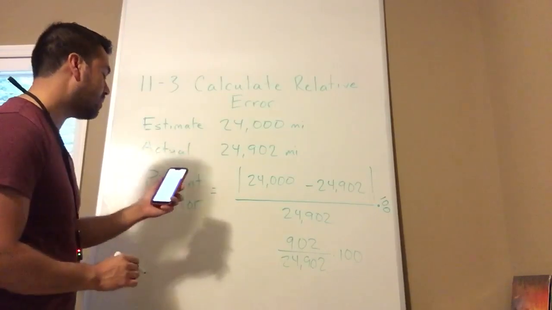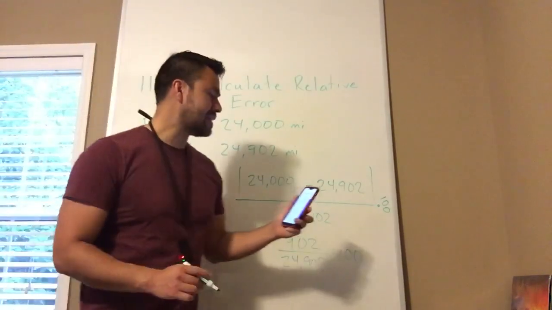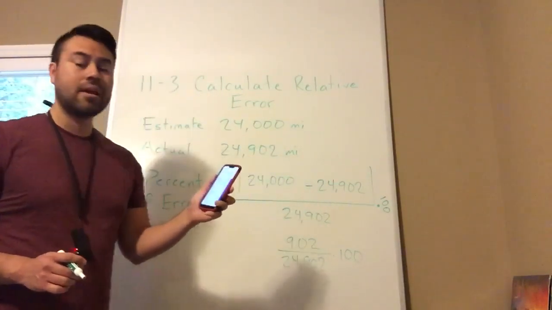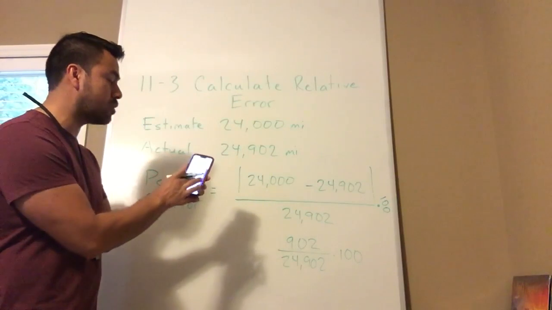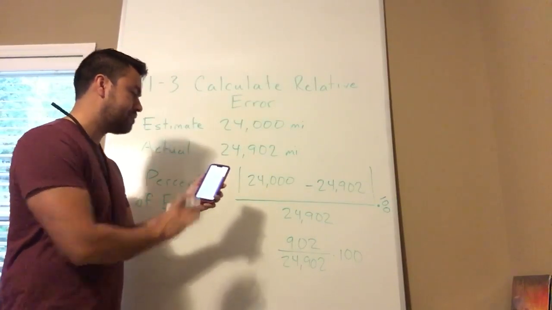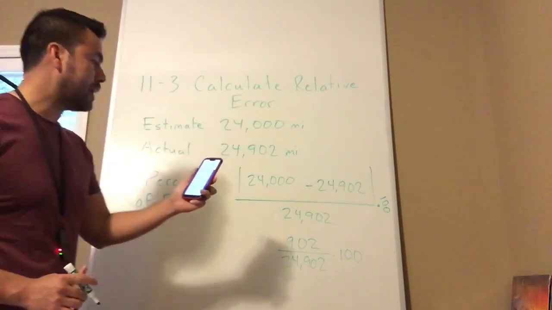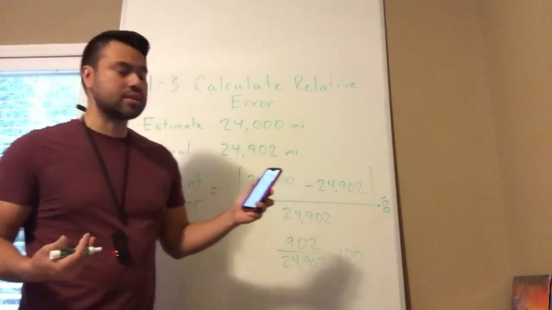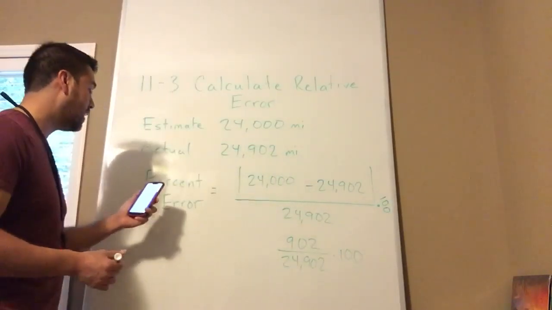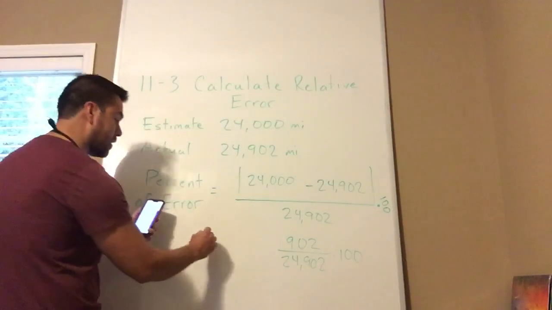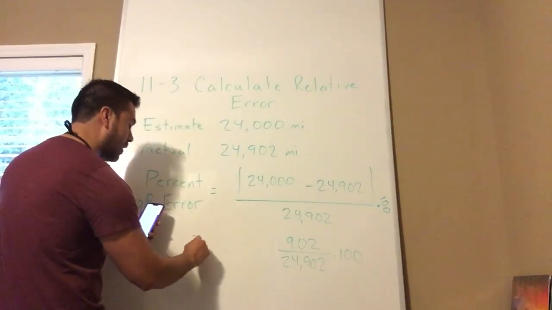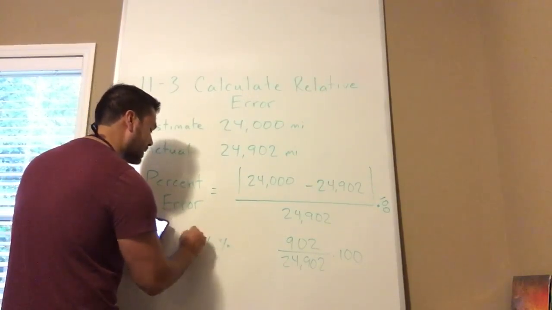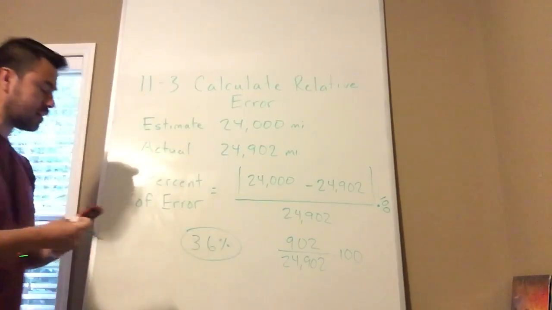And that gets me 0.03622199021. All right, I'm going to keep that number and just multiply it by 100. And I get 3.62219, blah, blah, blah. It just moved the decimal twice to the right. And so I'm going to round to the nearest tenth. So 3.6%. 3.6% is the percent of error.